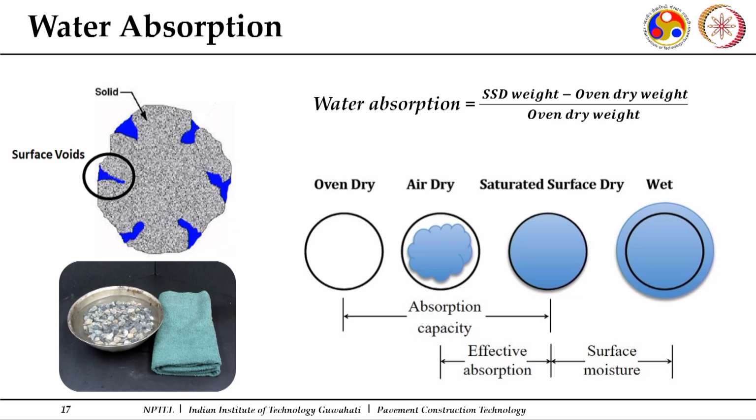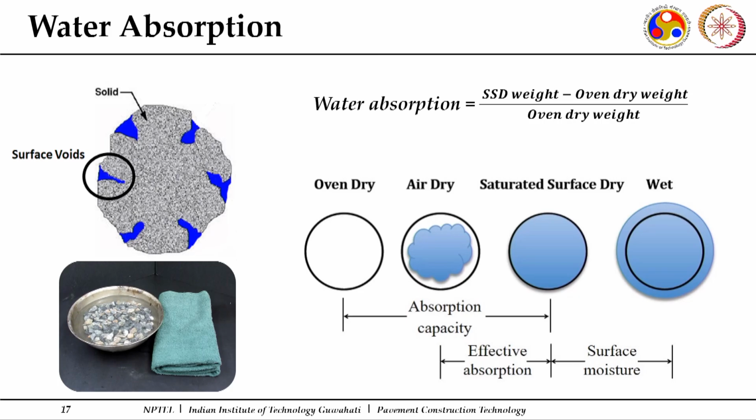One is the natural moisture content which is present, and if these surface voids are more, when these aggregates are used with any bituminous binder, these surface voids will occupy more binder also. So this will make your mix more costly, because the binder which goes into these superficial voids will not help you to develop any bonding or strength, because it goes inside the surface voids.